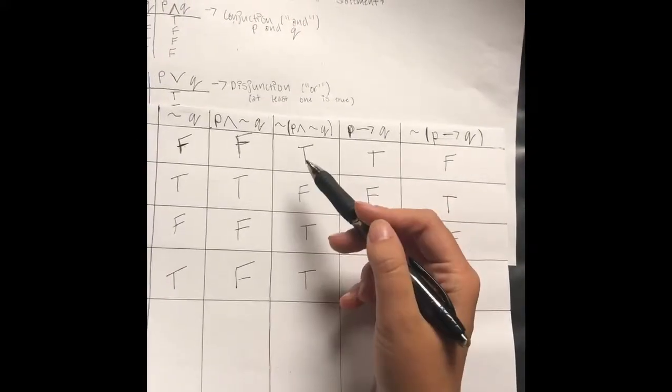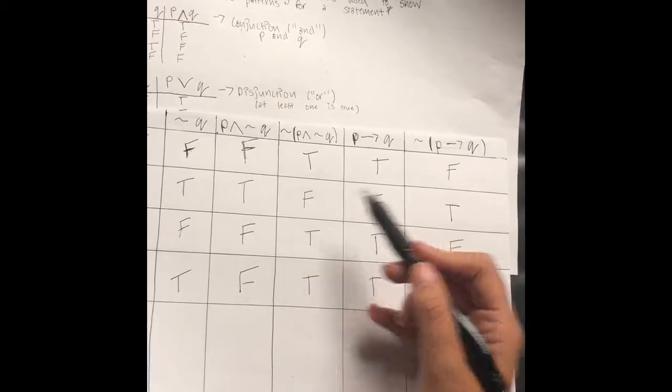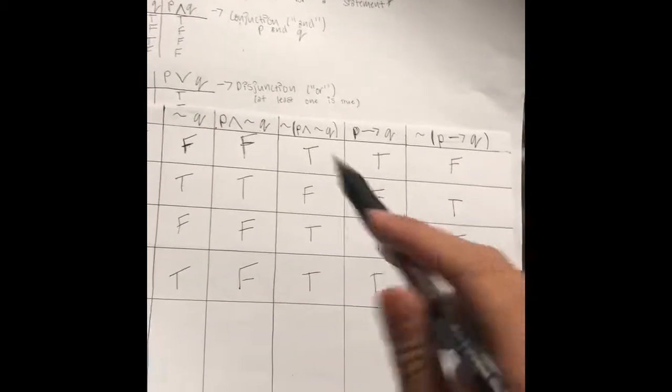So right here we have a true statement, false. Keep going, false, true. As you can see, none of those add up.